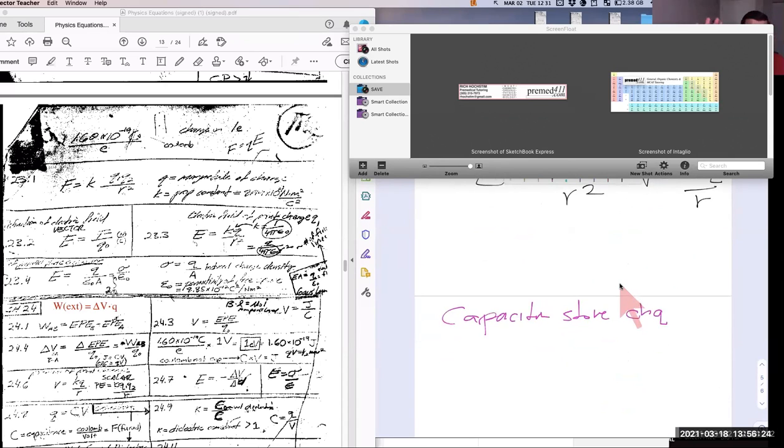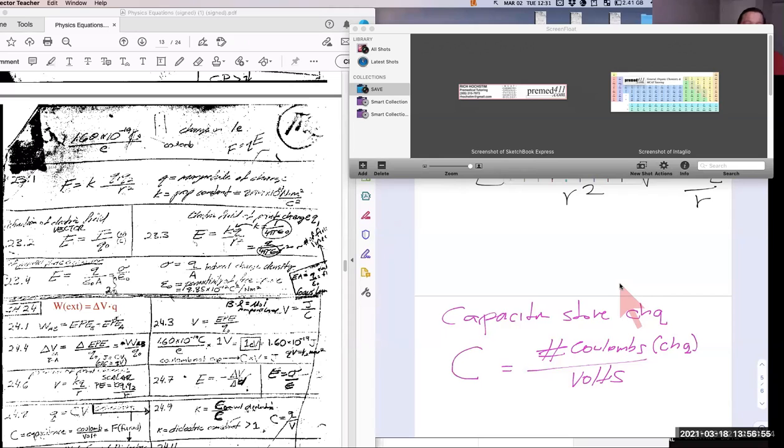And the way it stores charge is, it's going to have a certain number of coulombs, the unit of charge, and then that's going to be divided by volts. So it's the amount of charge that you can store for a given voltage. And that's going to be big C.